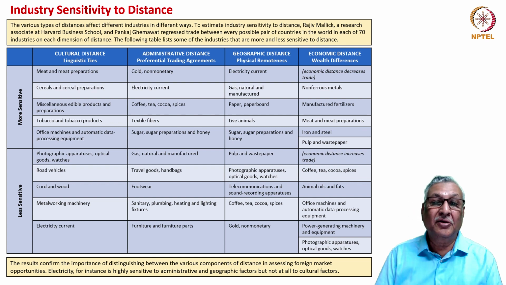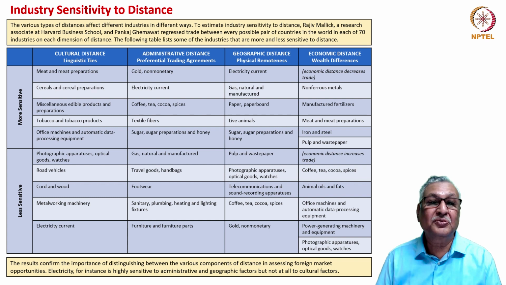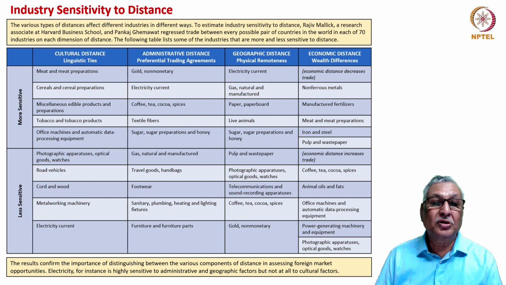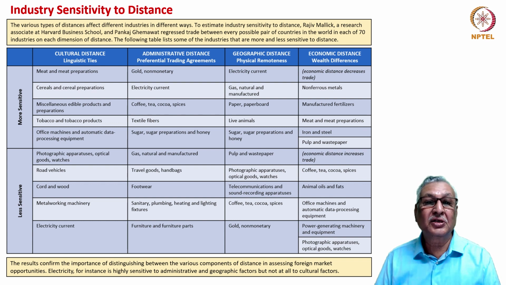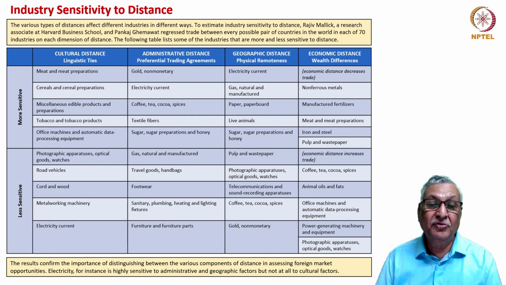When you look at the administrative distance, especially in terms of preferential trading agreements, products such as gold, non-monetary instruments, electricity current, coffee, tea, cocoa, spices, textile fibers, sugar preparations, honey, these are all more sensitive to administrative distance. We know that there are ties between countries with reference to these products.